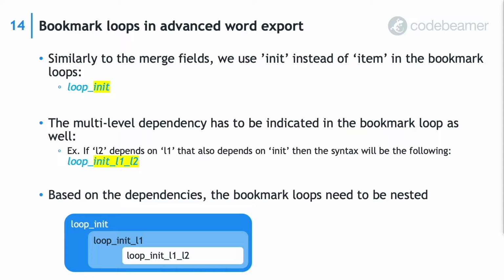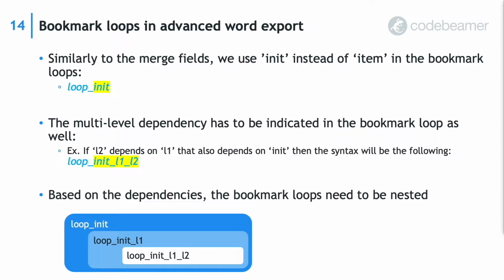Similarly to the merge fields, we use init instead of item in the bookmark loops as well. For example, the main bookmark loop is loop_init in an advanced word export template. The multi-level dependency has to be indicated in the bookmark loop as well.